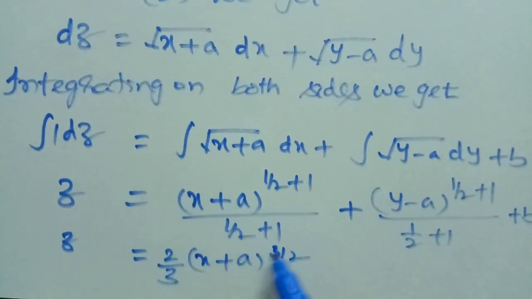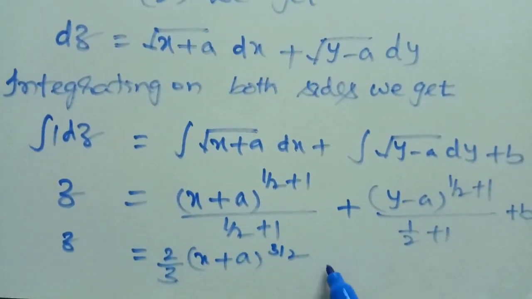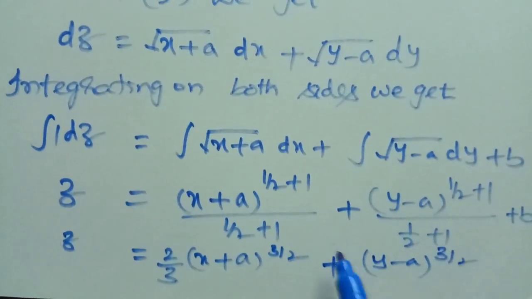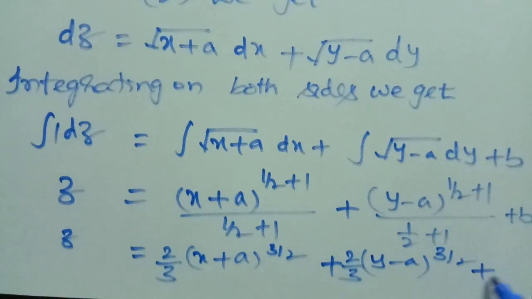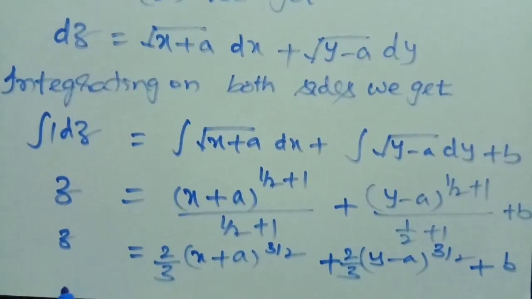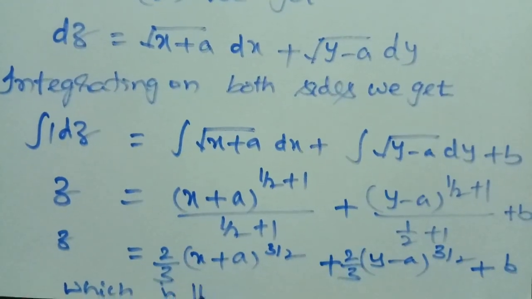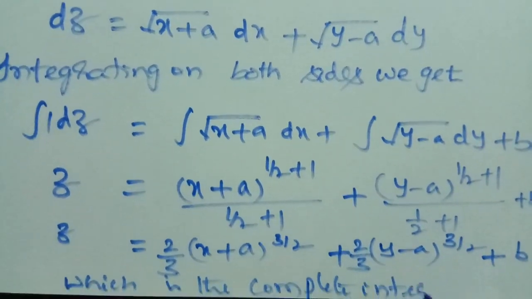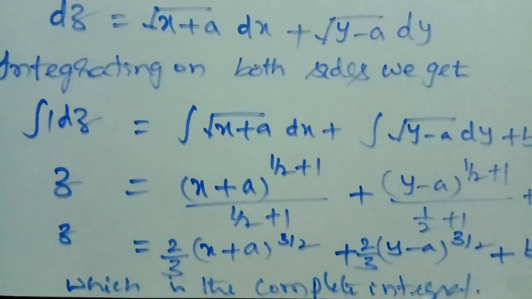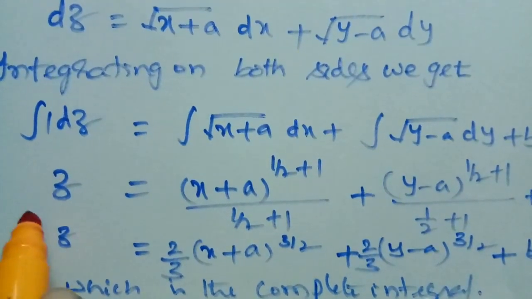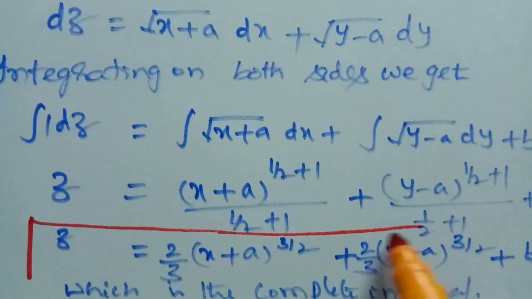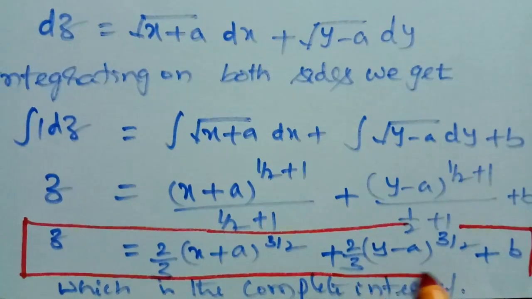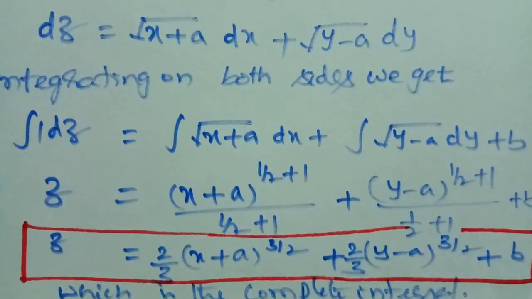It becomes reciprocal. Denominator value 3 by 2 becomes 2 by 3 plus y minus a, same 3 by 2 into 2 by 3 plus constant of integration, which is the complete integral of the given equation. Complete integral of the equation.